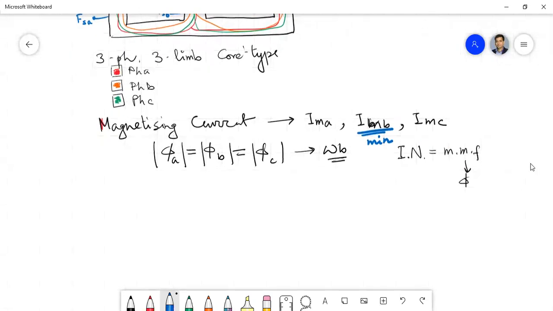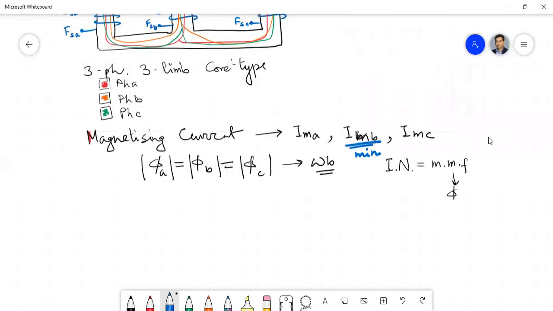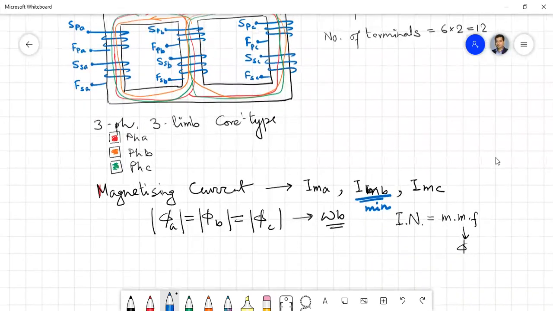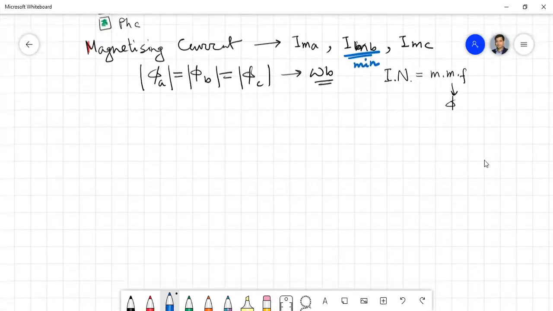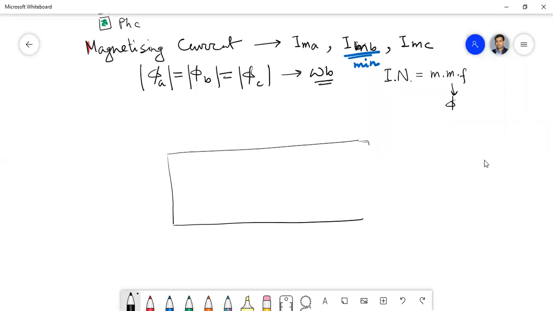Now next I will draw the circuit. Another variation of this core type is also available in the market, and that is called the 5-limb core type structure. So that also I will draw.